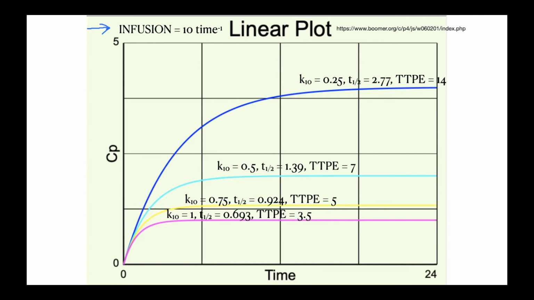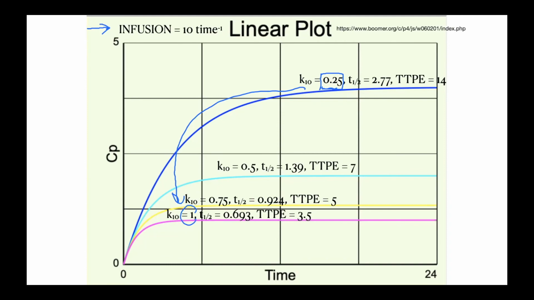And what we see here is that as your elimination rate constant increases from 0.25 to 1, you can see that the time to peak effect, or the time it reaches steady state, decreases.